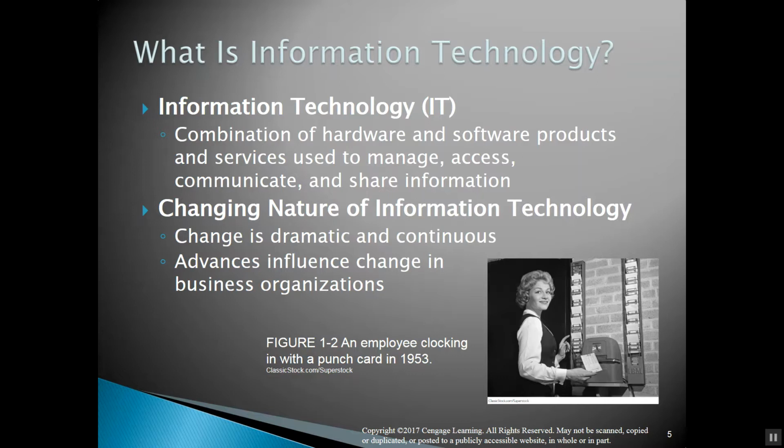If we compare that to something we deal with day to day, we all know about fuel efficiency for cars. Let's say you want to go buy a car, and the current fuel efficiency is 20 miles per gallon. 18 months from now, if you go to buy that same car, the fuel efficiency standard would be 40 miles per gallon. 18 months later, 80 miles per gallon. 18 months later, the standard would be 160 miles per gallon.